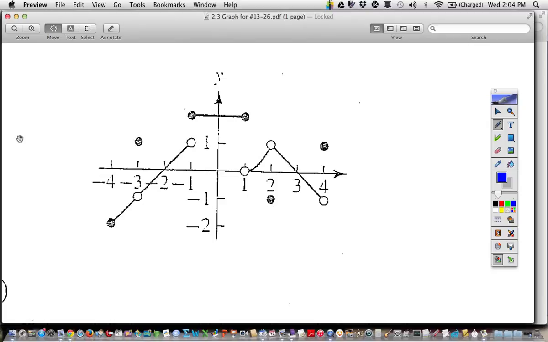Now, that would be more on graph-type problems than algebra-type problems. But if you say the limit does not exist, be prepared to say, well, from the left it would be this, and from the right it would be this, and they're different, and that's why the limit doesn't exist. Now, in an algebra-type problem where you're not looking at a graph, it's a little harder to do, okay? So if the directions don't say that, they just say evaluate the limit, then you might just say does not exist, okay?